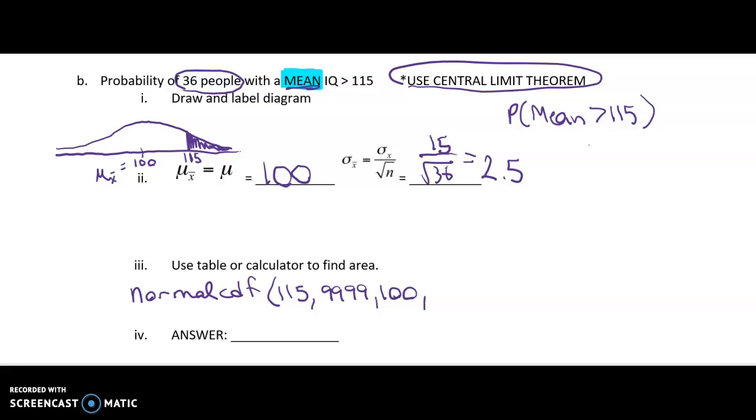And the only thing that changes in a problem using central limit theorem is that your standard deviation is going to be this number we calculated here. And when you're putting it into your calculator, you can just type in 15 divided by the square root of 36, because we come up with a nice number in this one, 2.5, but sometimes we'll have something rounded and we want to avoid rounding in the middle of a calculation. So you can always just type 15 division sign square root of 36 right into the appropriate section on your calculator.